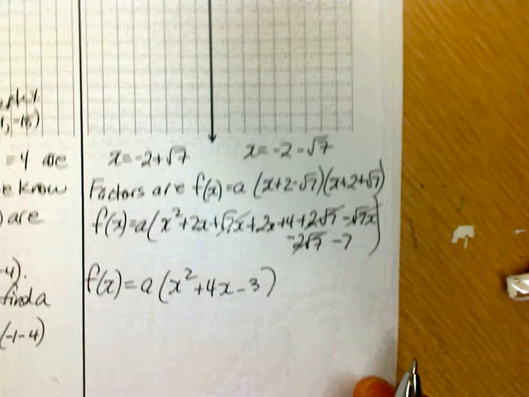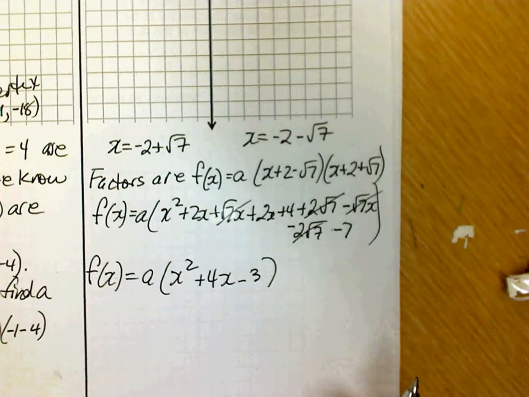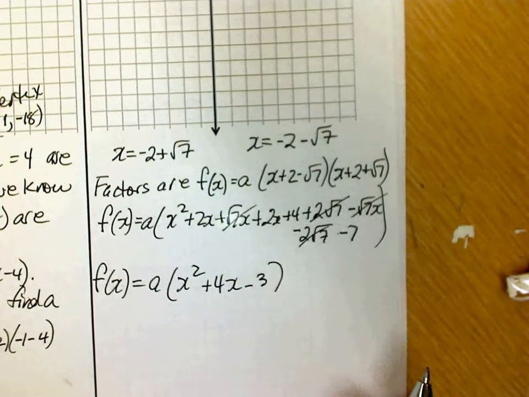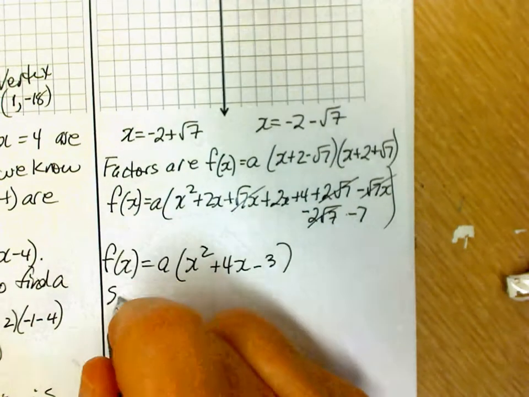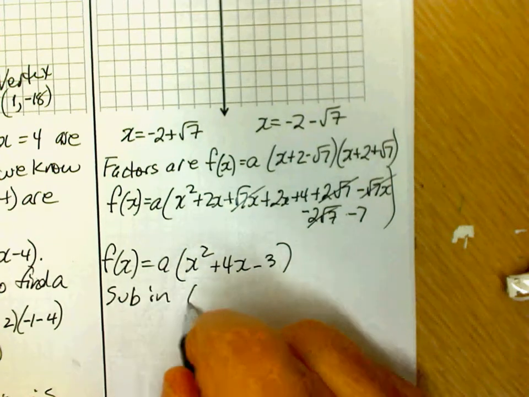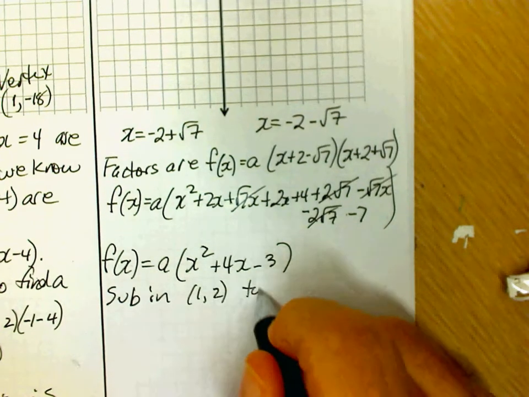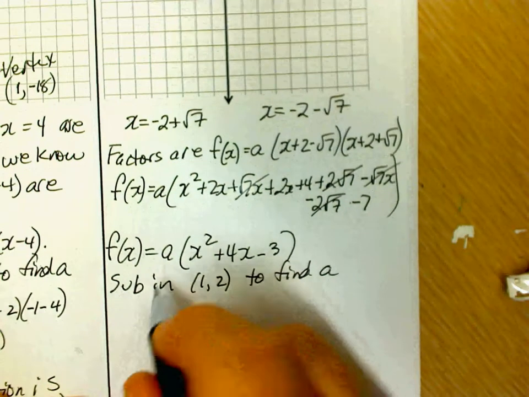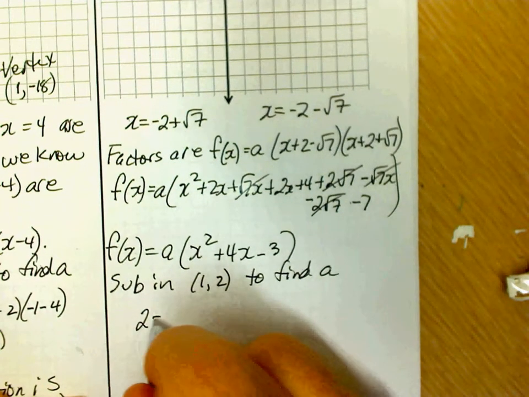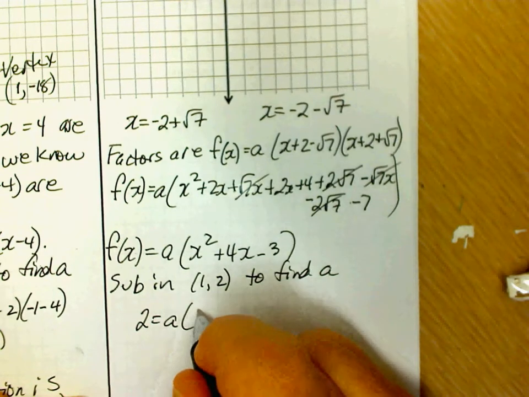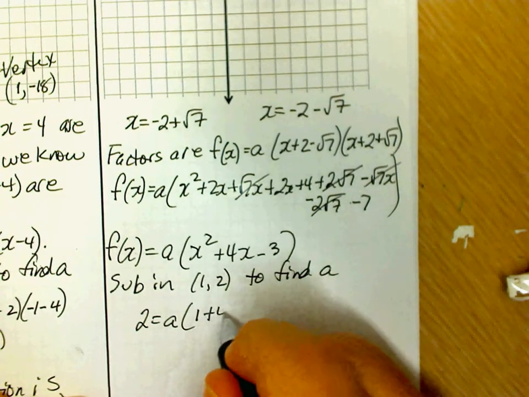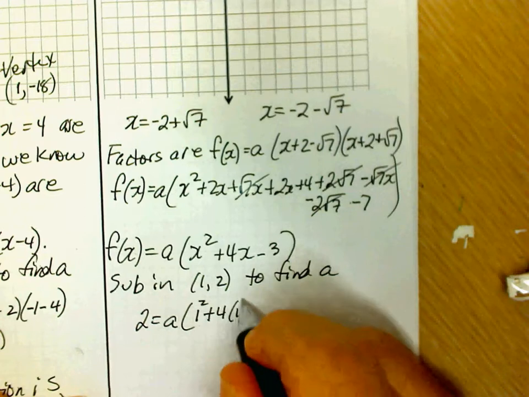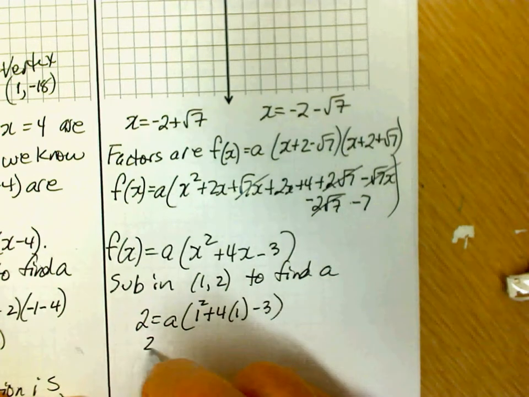Now we're going to find a. We're going to sub in (1, 2) to find a. So 2 equals a times (1 squared plus 4 times 1 minus 3).